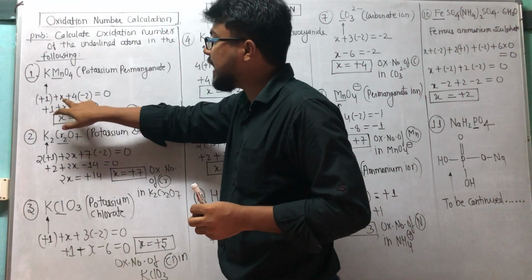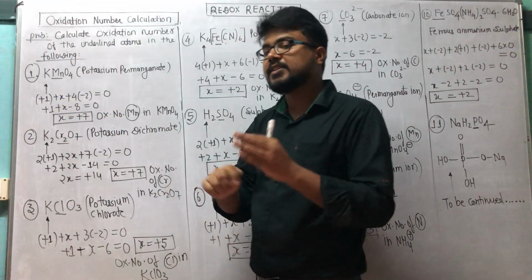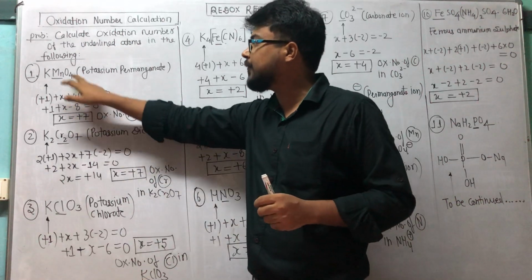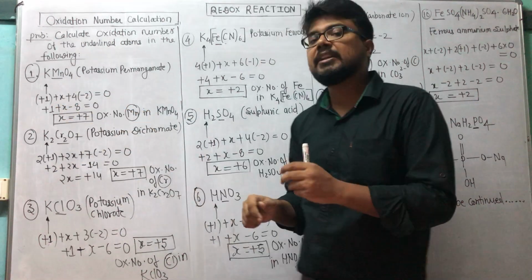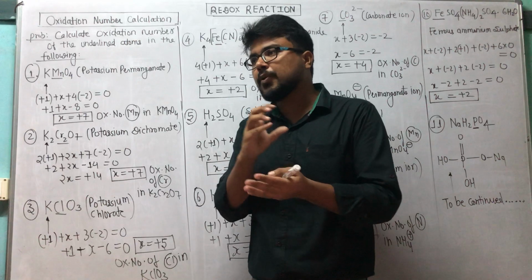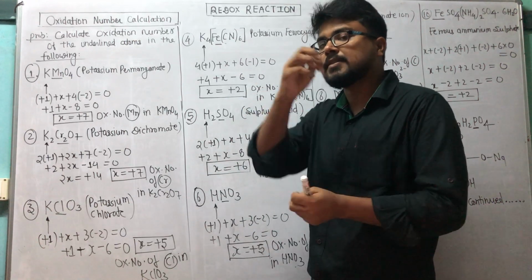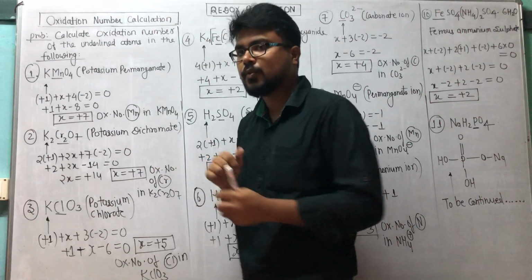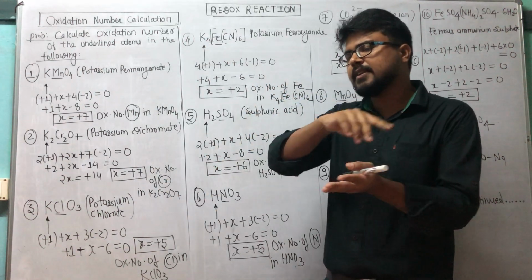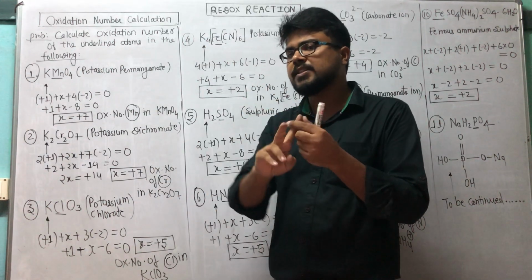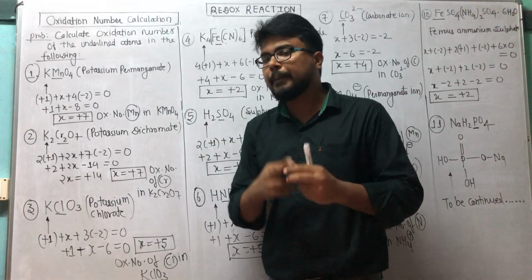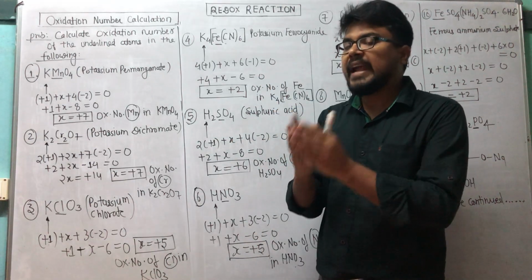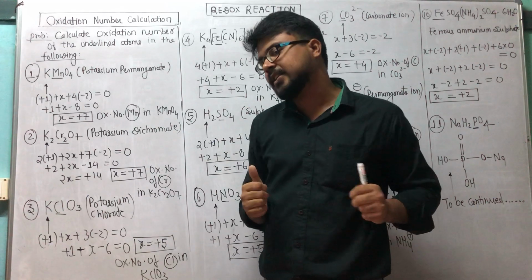For Mn I have to calculate, and for oxygen it is -2, and 4 oxygens will be multiplied. Students, you may face some problem: why did I take -2? I discussed in my previous video lecture that for oxygen there are 3-4 categories, but we prefer -2 as no information is available.